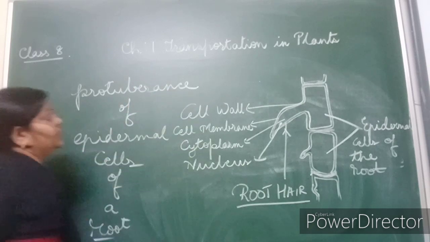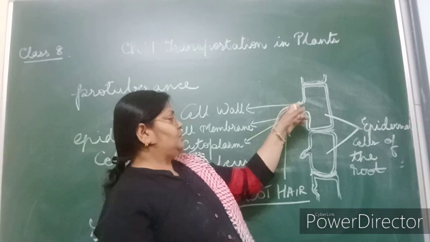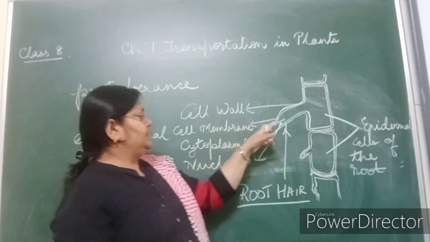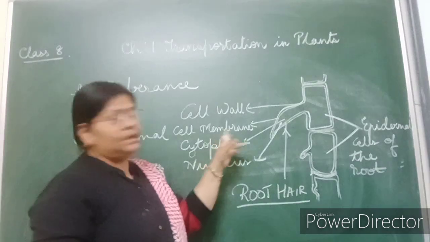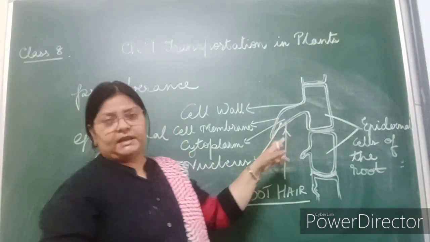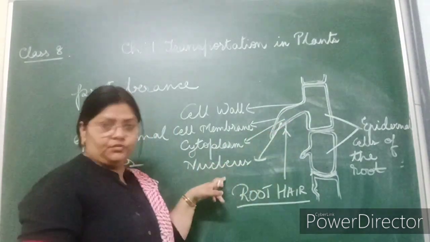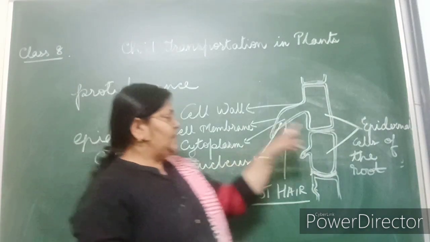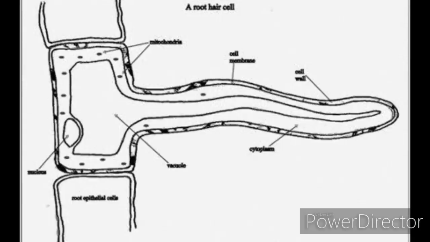It has the outer layer cell wall and the inner layer cell membrane. Inside it has the jelly-like cytoplasm and the nucleus.